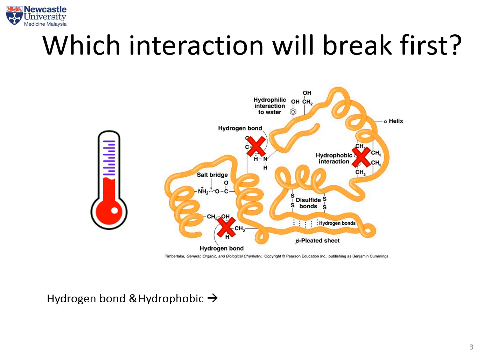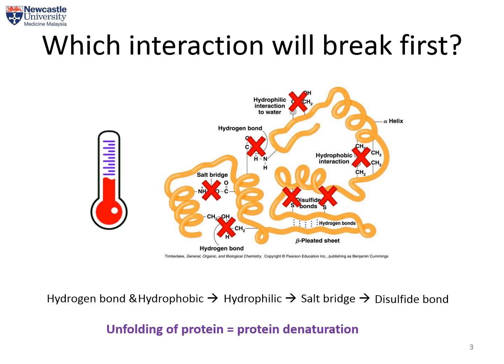It is followed by the hydrophobic van der Waals forces, then the hydrophilic interaction between the polar side chains. After that, it will be the salt bridges, which involve charged groups, followed by the disulfide bond, and eventually it will be the peptide bond, which is a covalent bond.